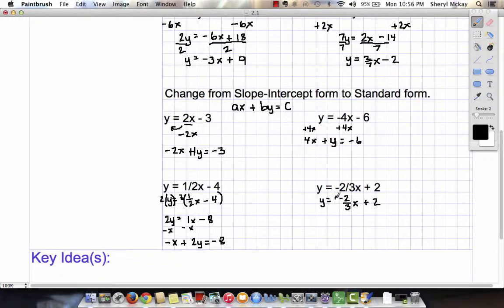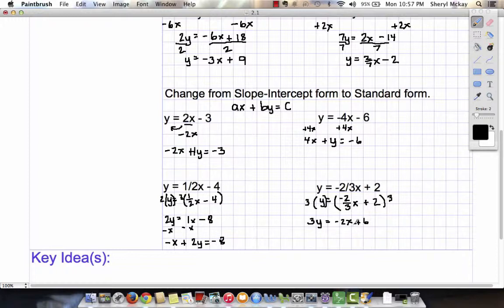So I'm going to multiply the -2/3 x by 3. I'm going to write it over here just because there's not a lot of room. And I'm going to multiply this side by 3 as well. And I ended up with 3y equals 3 times a -2/3 x becomes -2x. And 3 times 2 becomes 6.